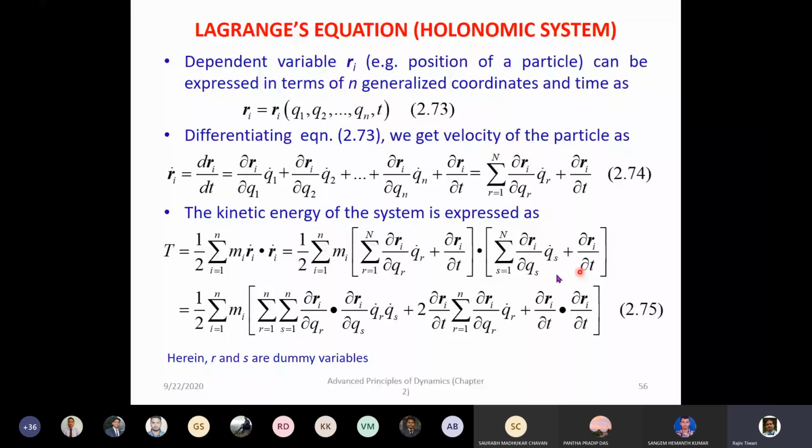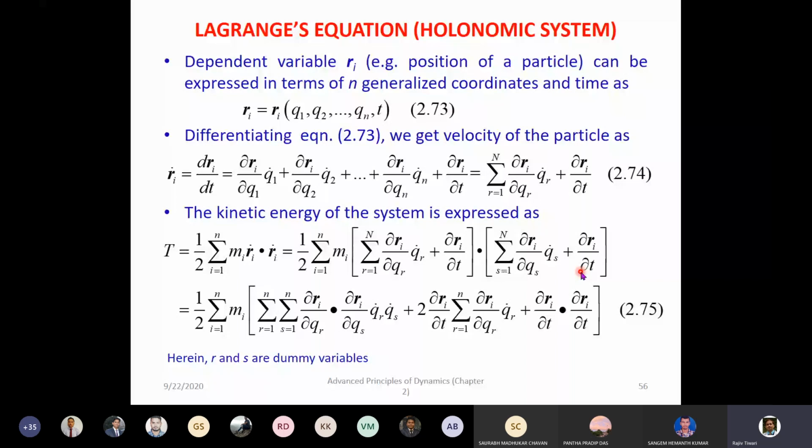And because the dummy variable is a summation from 1 to n, s or r does not matter, so that will add up to give these two terms. And the last one is when we multiply the second term of the second bracket. So this is just a simple multiplication of these velocity terms to get the kinetic energy. As I mentioned, the r and s are nothing but the dummy variables.